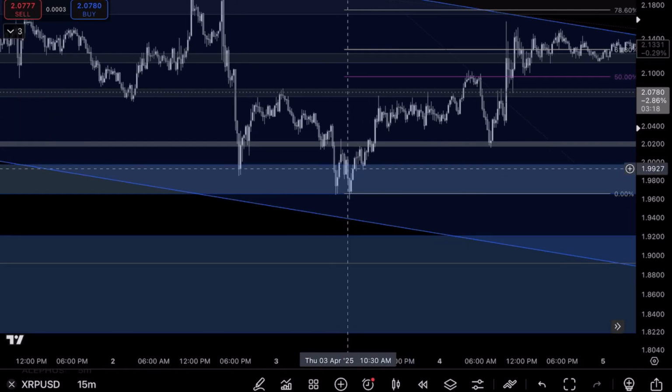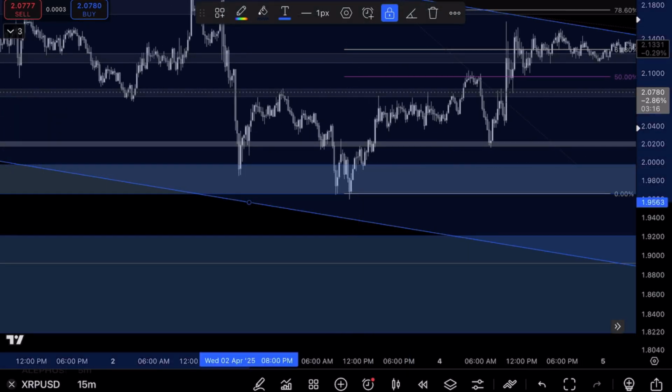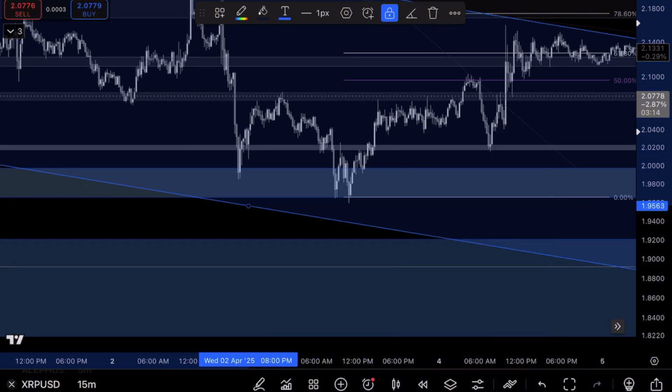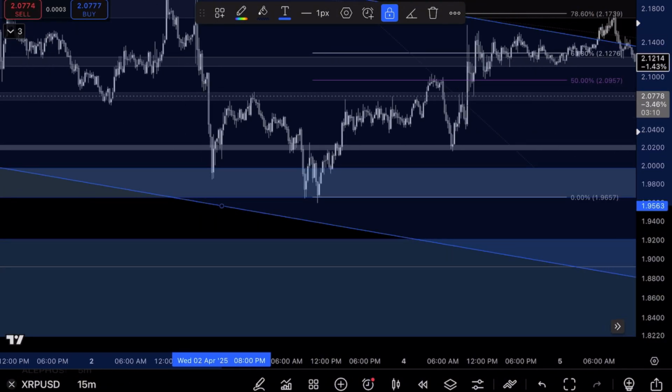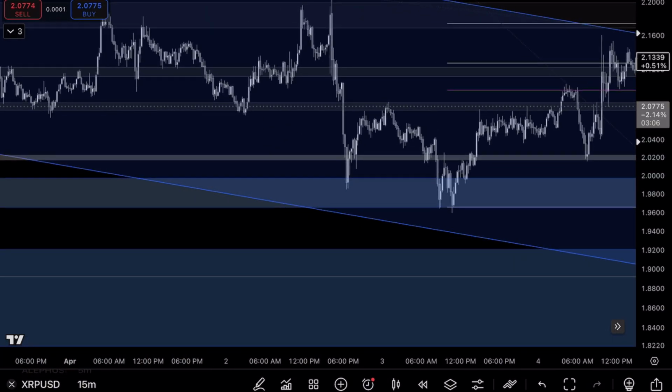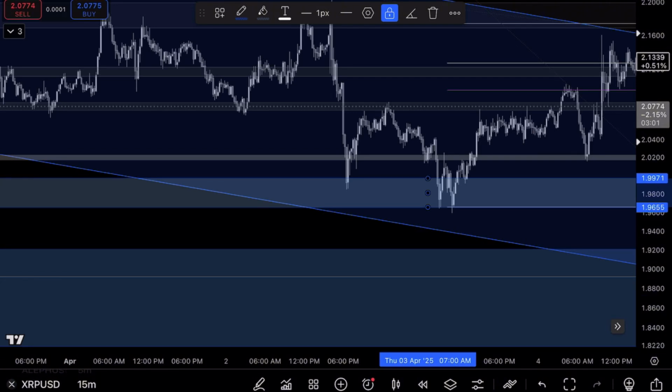So I put a limit order. Basically I create the horizontal support using the rectangle. If you notice all the way to the right-hand side, it has in blue 1.9971 and 1.9655.